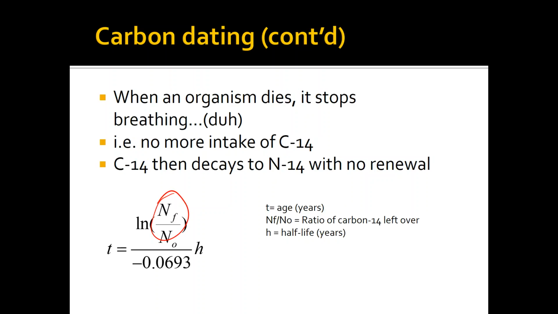And we know the initial amount because all organisms breathe in a certain percentage of what's available in the atmosphere or in the plant. We often look at NF over NO as just a ratio. Again, if you're uncomfortable with this H, you can write lambda, you can write tau, whatever works.